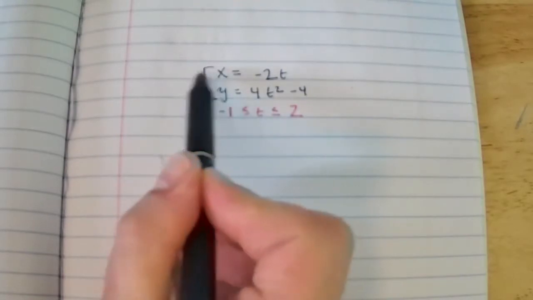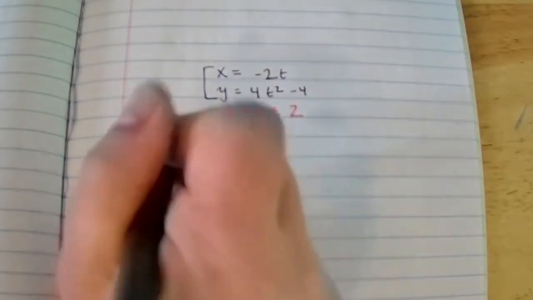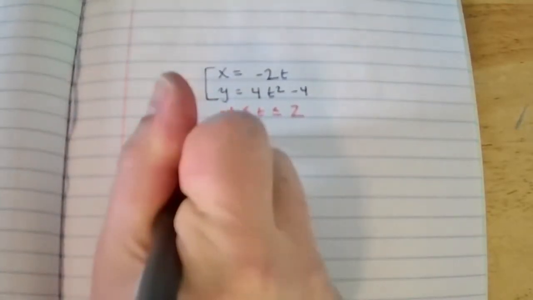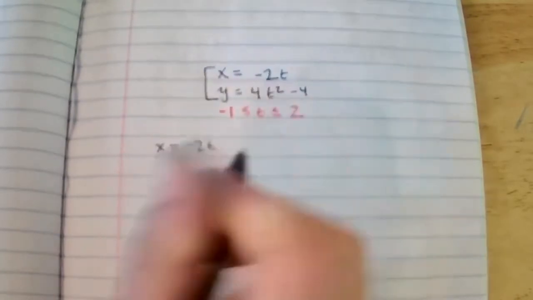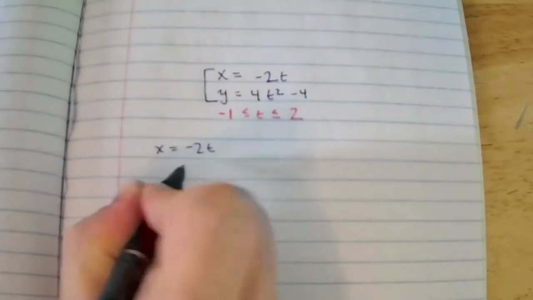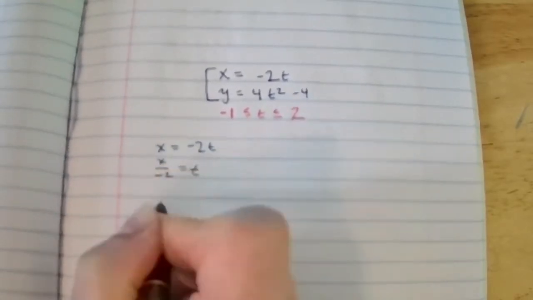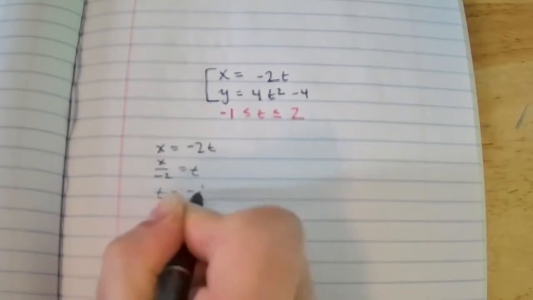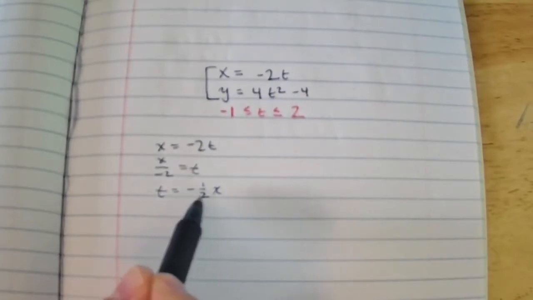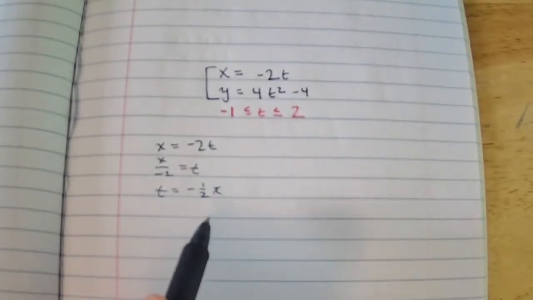In other words, we rearrange this equation so that it's t equals. x equals negative 2t, and I'm going to solve for t. I need to divide by negative 2, so I get x over negative 2 equals t, or we might rewrite this as negative 1/2 x. So I've solved for t in terms of one of the variables.